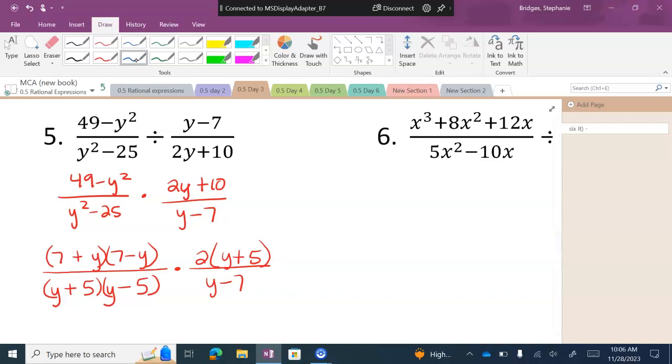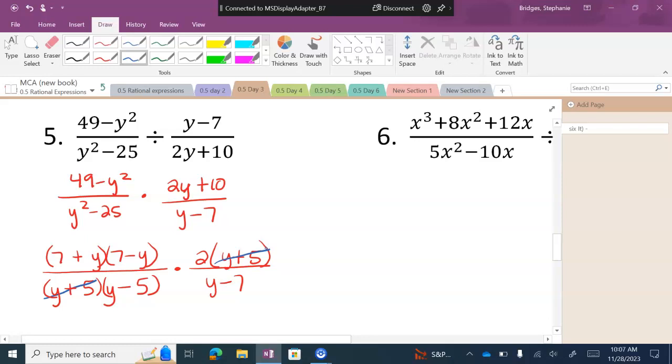So far, so good? All right, what binomials do we see that are exactly the same? Y plus 5. Do we see anything else that is exactly the same? Do we see anything that might look like it could be close and we might mistake for being the same? We got y minus 7 and 7 minus y, right?